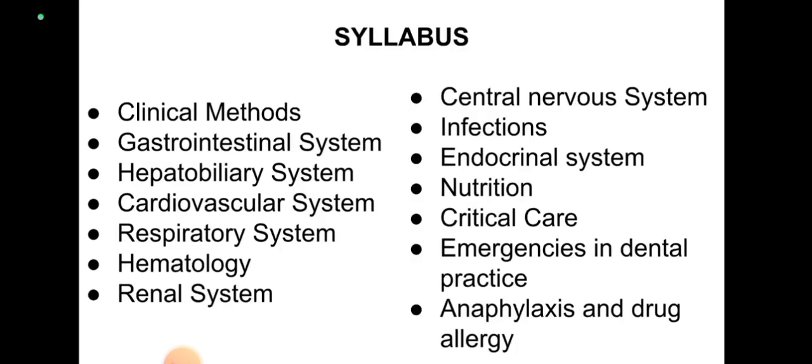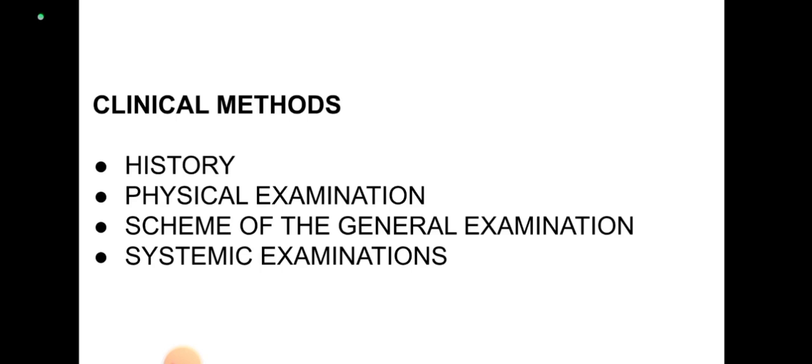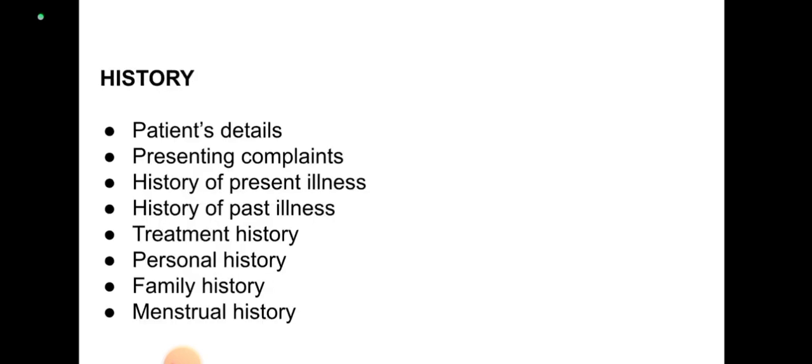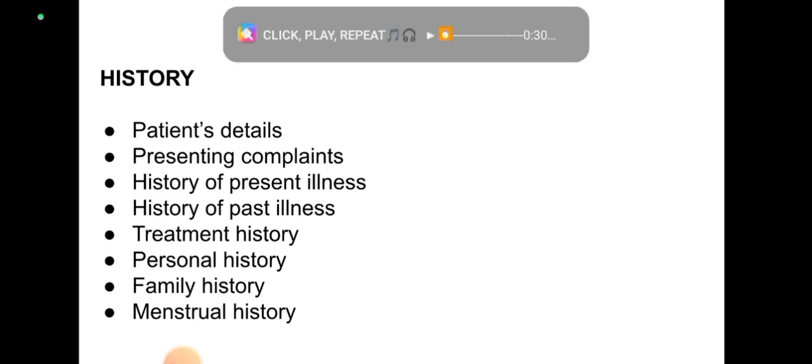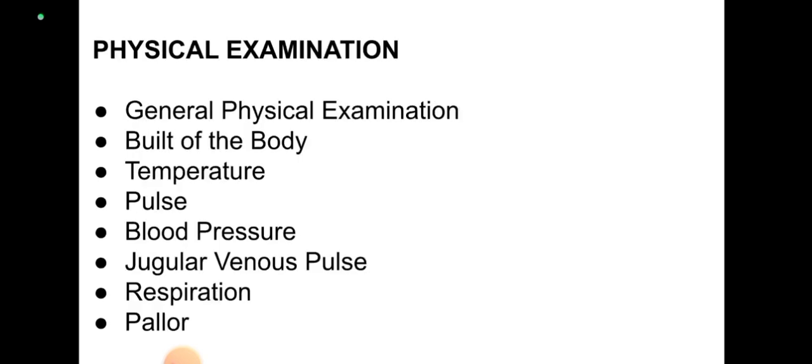In clinical methods, we studied the history, physical examination, scheme of general examination, and systemic examinations. History is noted in detail, in which we start with patient details, then move ahead and note down presenting complaints, history of present illness, history of past illness, treatment history, personal history, family history, menstrual history.